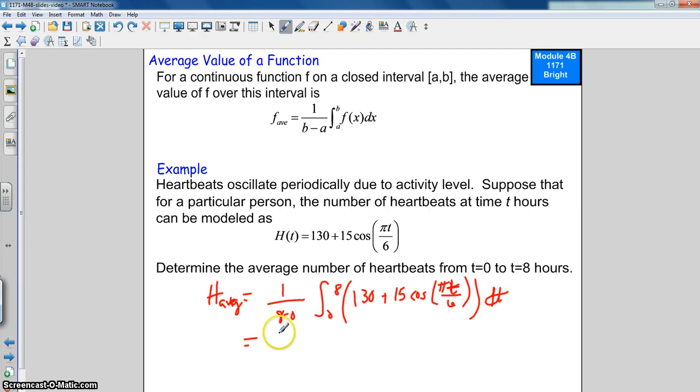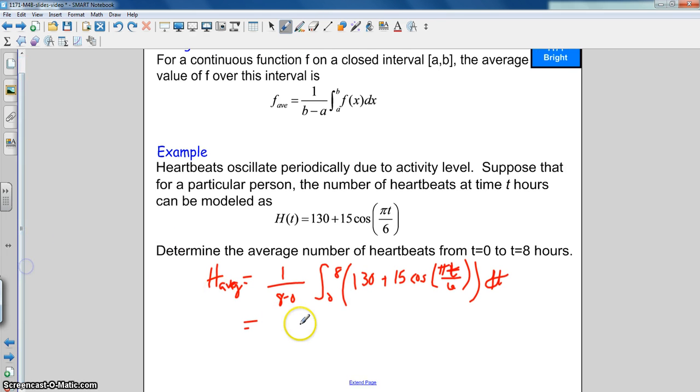Okay, so I can go ahead and continue working through this. So 1 over 8, and now the fundamental theorem of calculus says that this is 130t plus, and the cosine is the derivative of sine, and I leave the 15 out front. The inside doesn't change, and remember I also have to divide this by pi over 6, and I evaluate all this at 0 and 8.